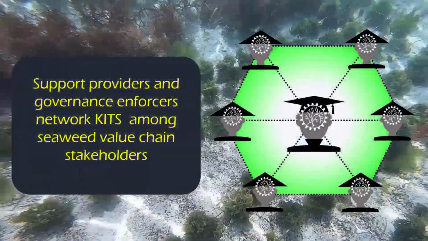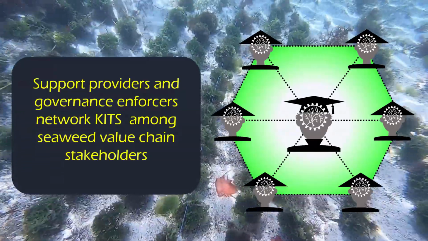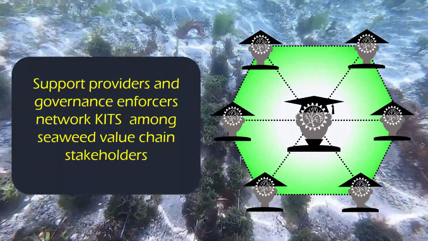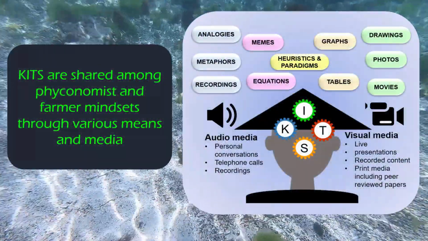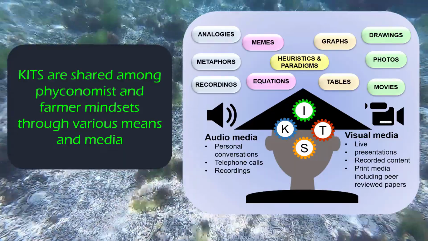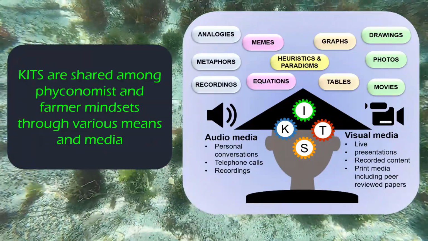Support providers and governance enforcers network KITS among seaweed value chain stakeholders. KITS are shared among phyconomist and farmer mindsets through various means and media, and a variety of these is shown in this slide.